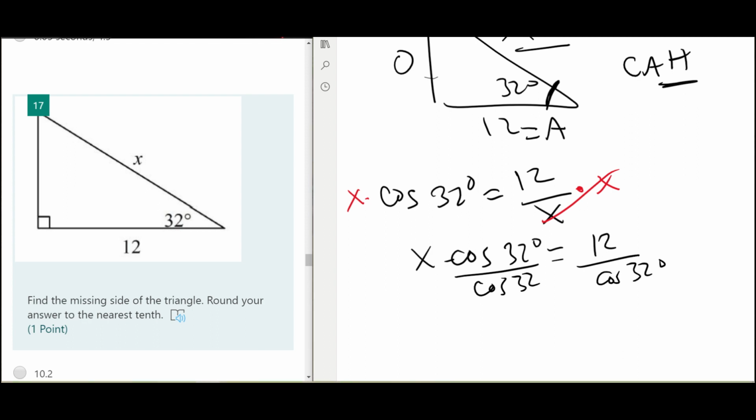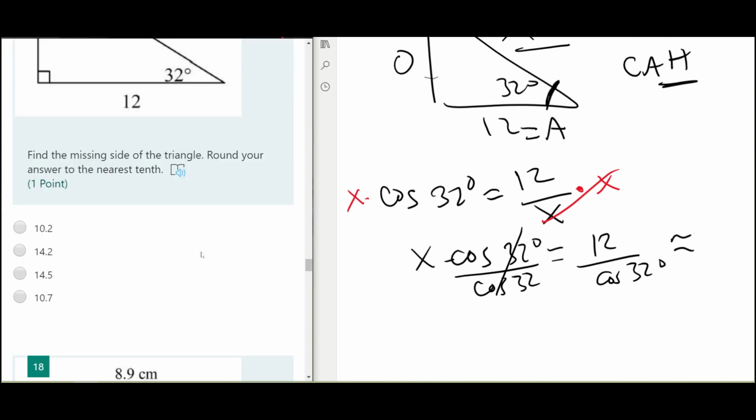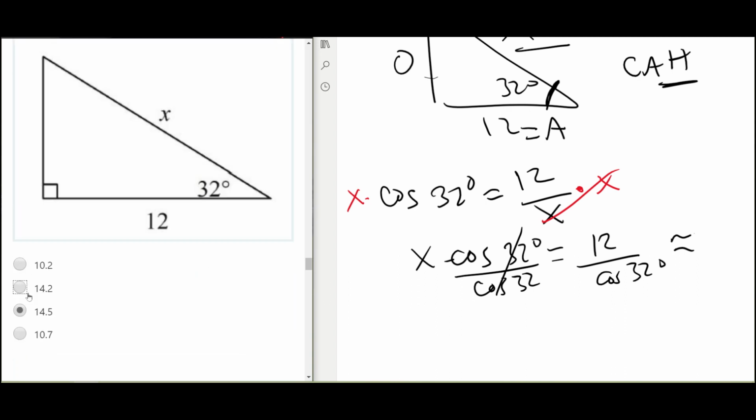Cosine of 32 is just a number, by the way. So x equals 12 divided by cosine of 32. We do that on the calculator: 12 divided by cosine, then type in 32 degrees in parentheses, and make sure it's in degree mode. That's 14.15, so 14.2 is my answer, rounding to the nearest tenth.